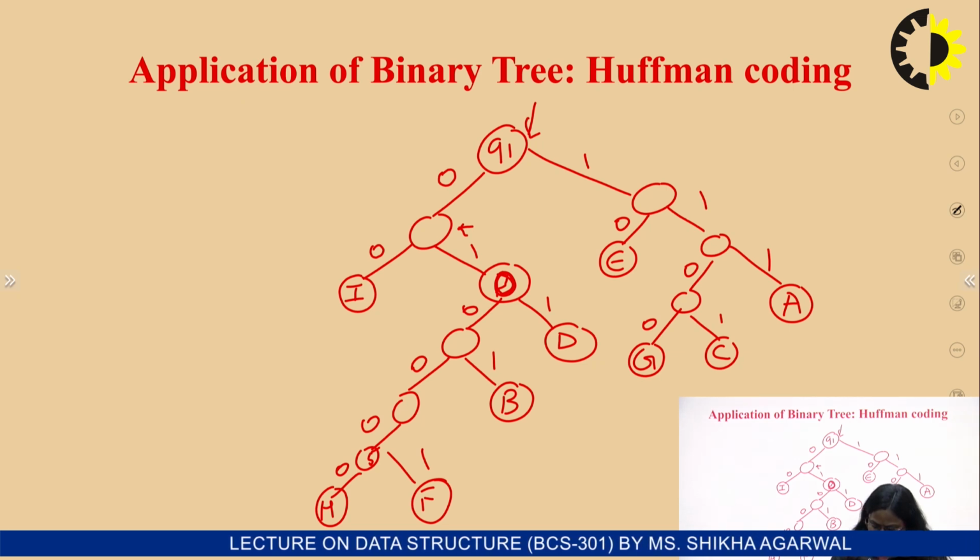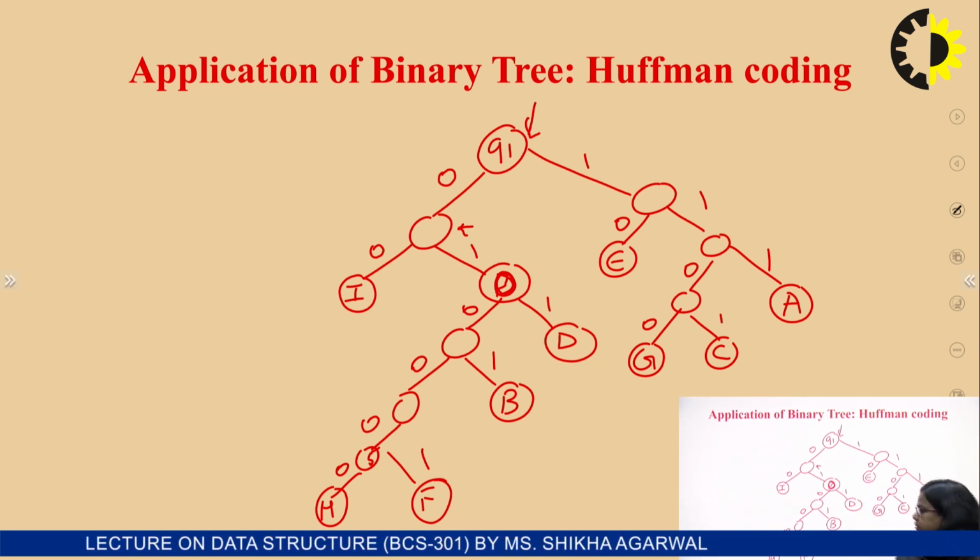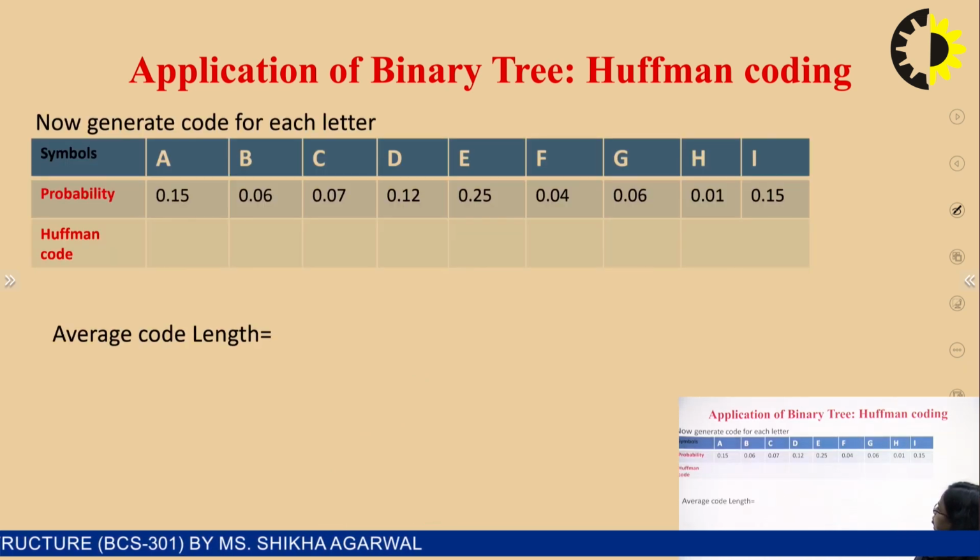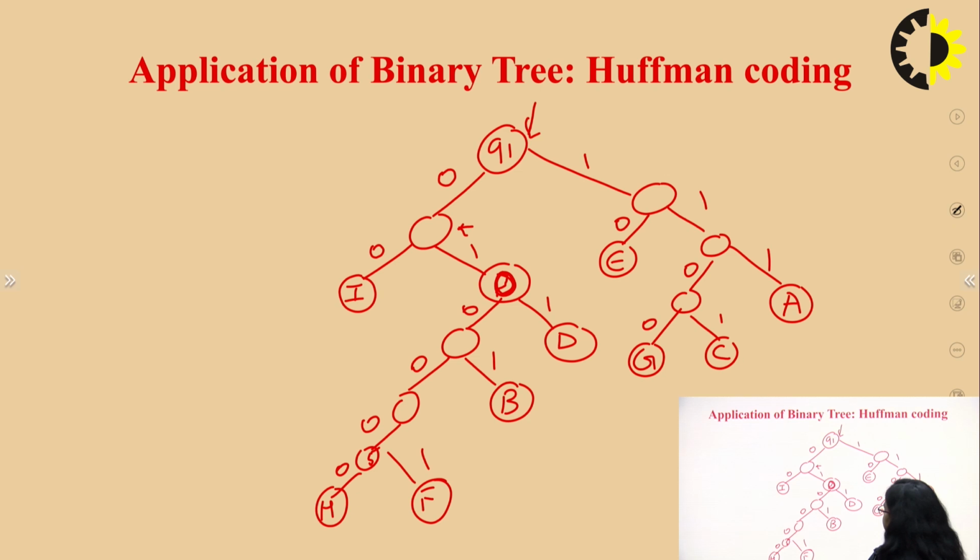Now, after generating the tree, in the next step we have to write the codes for the particular lengths, right? If I am talking about the letter A, what is the length of the code A? 1, 1, 1.